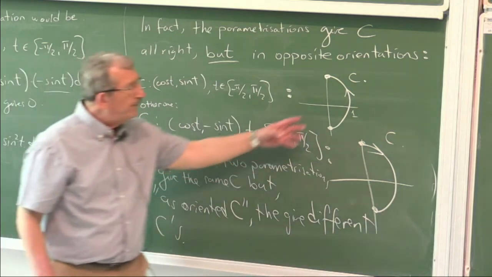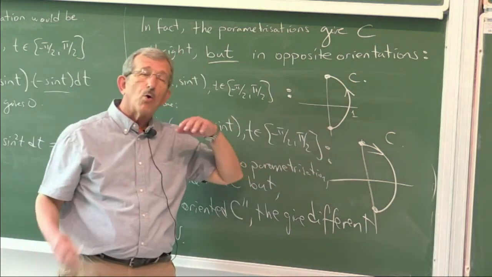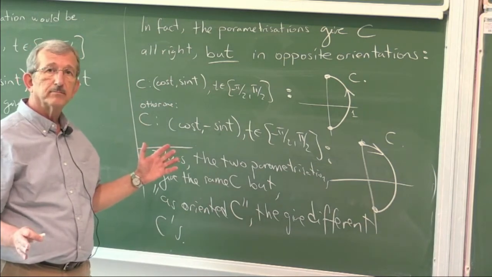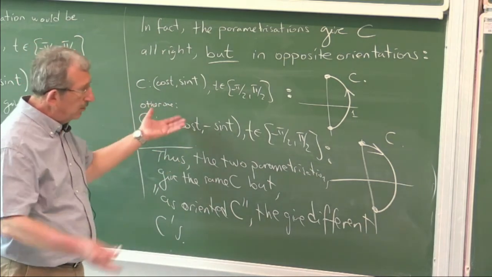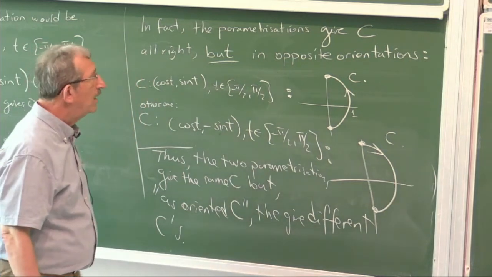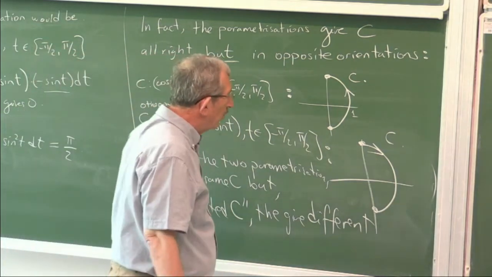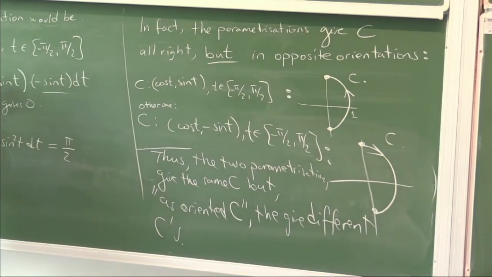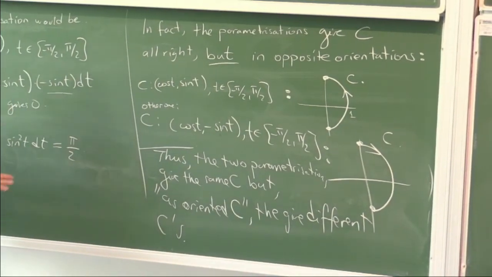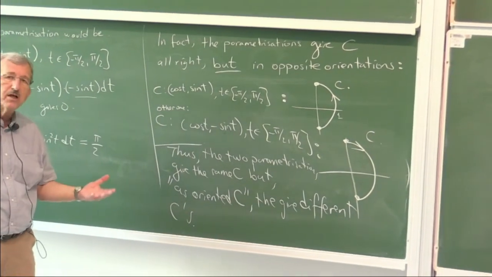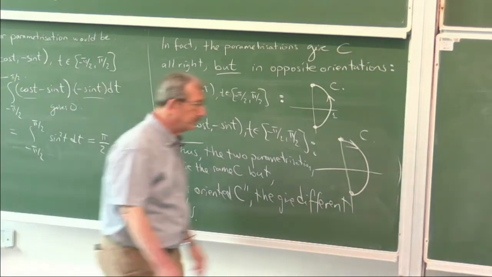Namely, if you consider these curves as oriented curves, they are not the same. They are different curves. So, of course, we have different results. What was missing here is that we had an integral with dx, but the orientation of C was not given. So the problem was not well posed.